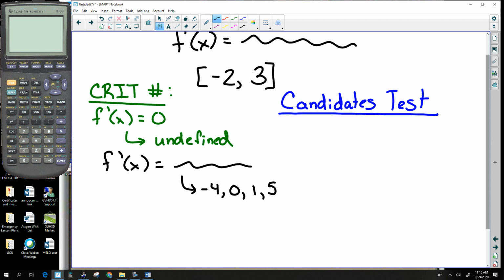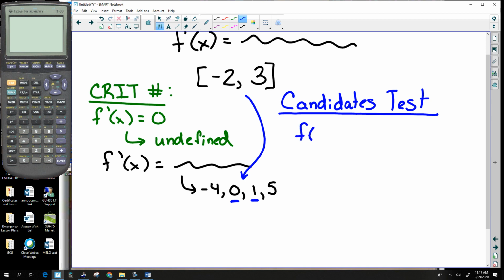What the candidates test does is this. It's going to test all of the important numbers in the realm. That would be the 0 and the 1, the only critical numbers in our interval. It tests all the critical numbers as well as the endpoints of the interval itself.